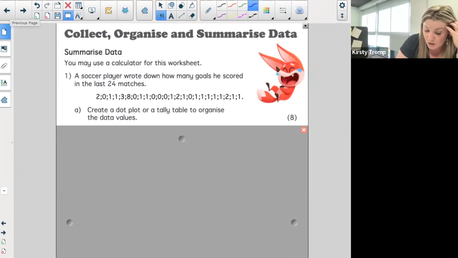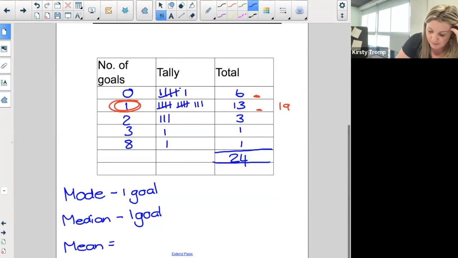And we would say 2 plus 0 plus 1 plus 1 plus 3 plus 8 plus 0 plus 1 plus 1 plus 0 plus 0 plus 0 plus 1 plus 2 plus 1 plus 0 plus. So we're going to add all of those goals up.